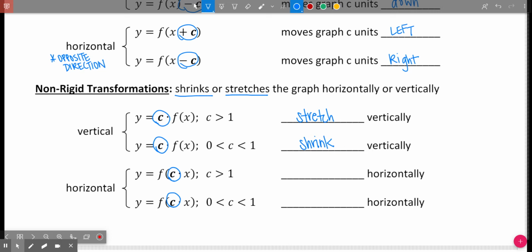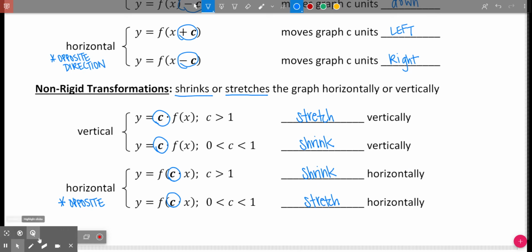Now, again, horizontal stretches and shrinks are going to behave in an opposite manner, just like with the shifts. So if I multiply inside by a value greater than 1, that is a horizontal shrink. But if I multiply on the inside by a value less than 1 but greater than 0, that is a horizontal stretch.